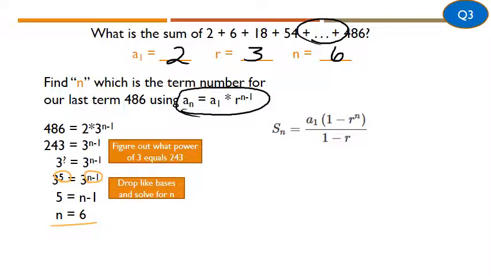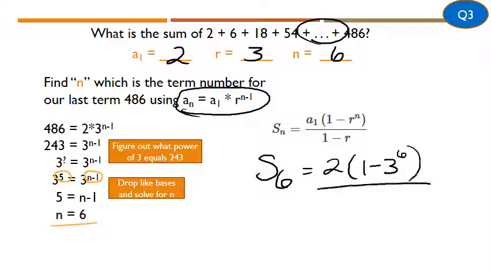Then you can plug in your formula. So the sum of the first 6 terms, that means we have 6 terms here, is going to be your first term, which is 2, times 1 minus your r, that's 3, raised to the 6th, all over, and again, use your parentheses.